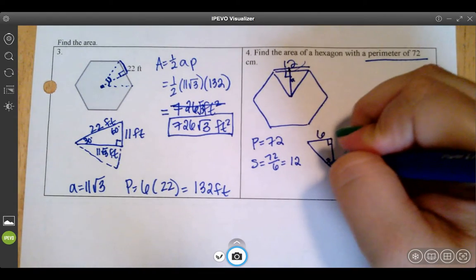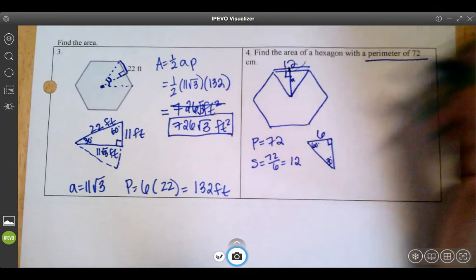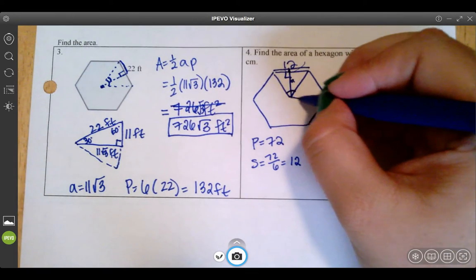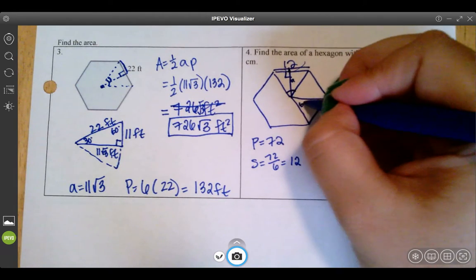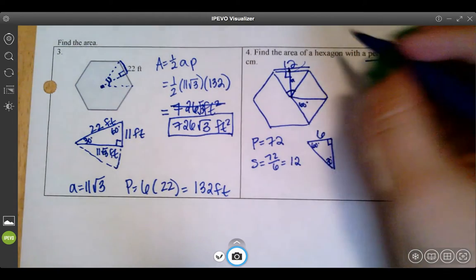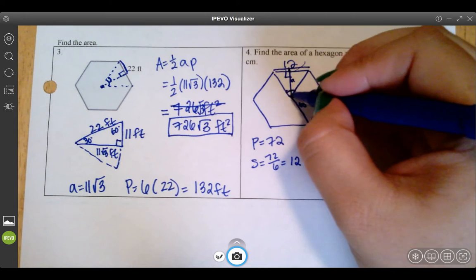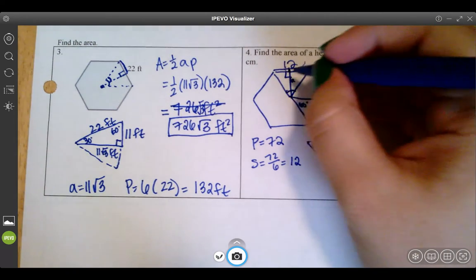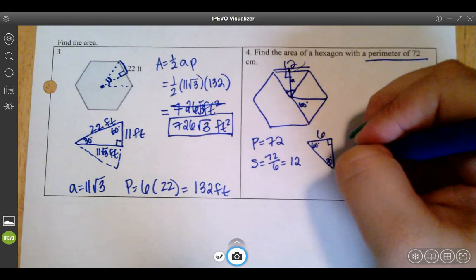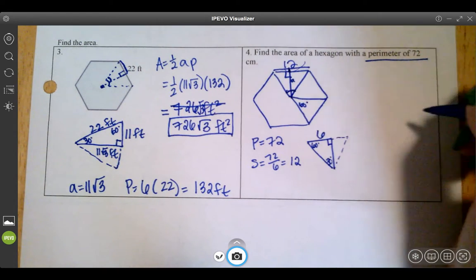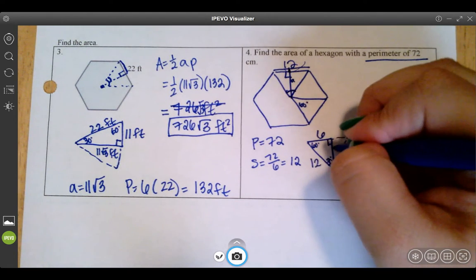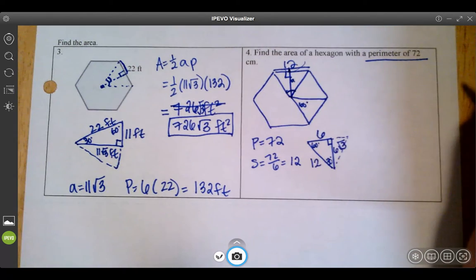Again, we get our 30-60 triangle by saying this whole angle here is 60. Each of these central angles is 60 degrees. And so the angle, when I cut it in half by the apothem, is 30. 30, 60, 90 triangle. If I draw in the other half of my equilateral triangle, I see that the 6, 12, 6 root 3.